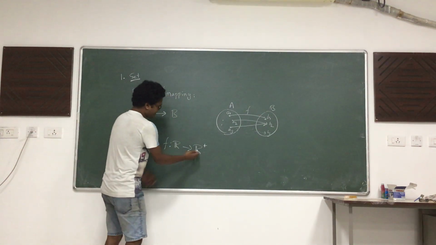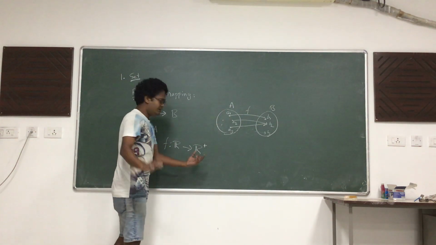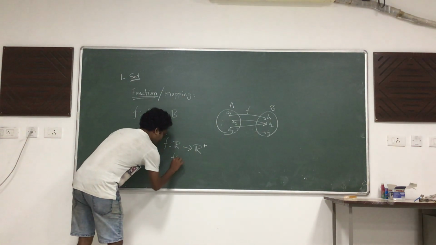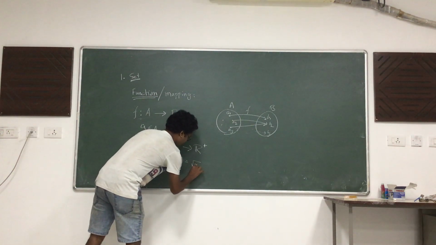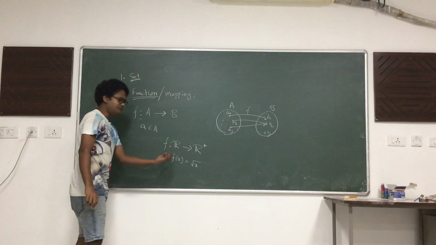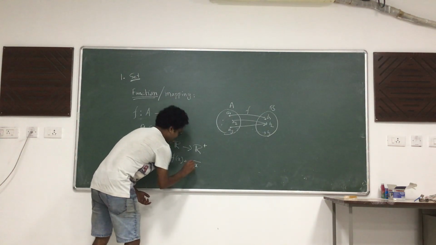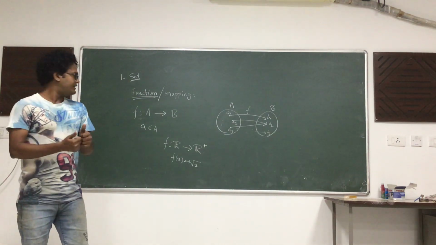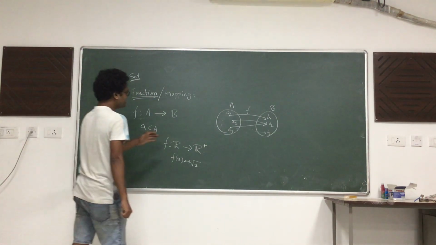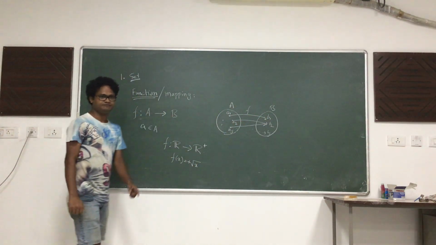So you can have a wider range here, that's not a problem. But if x is always assigned to the square root of x, if it is a square root function, this always comes with a plus sign. Okay. So a function by definition cannot have two outputs. It's always one output.